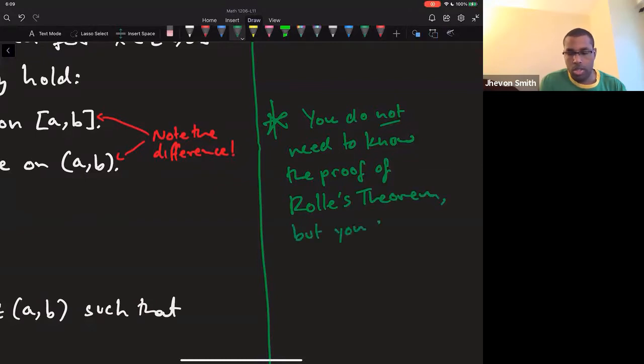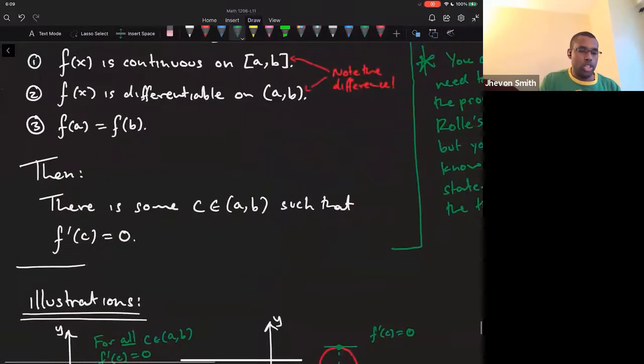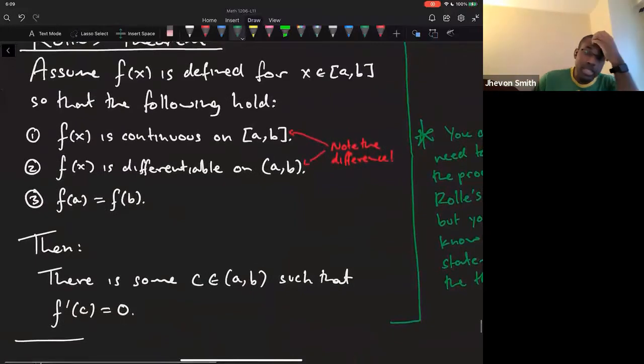But you should know the statement of the theorem. Okay, so you should know what Rolle's theorem says.